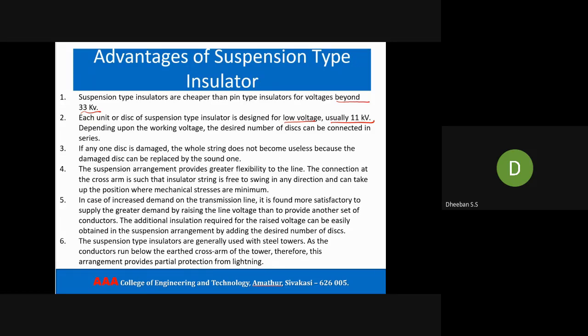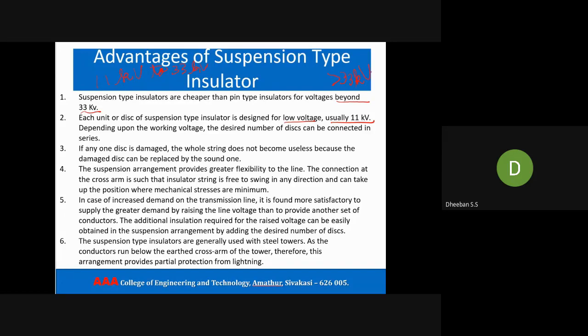But it is not possible to use this insulator below 11 kV. It is basically used for above 33 kV, and it can also be used for 11 kV to 33 kV, but less than 11 kV is not advisable.